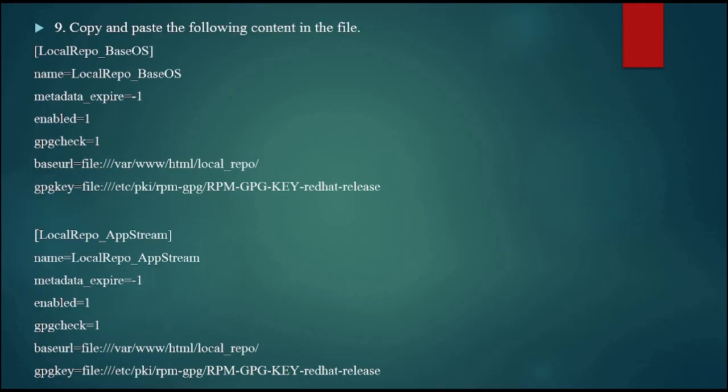We give the repository ID local_repo_BaseOS. Then for name, we give the name local_repo_BaseOS. Then metadata_expire=-1, enabled=1, gpgcheck=1, baseurl=file:///var/www/html/local_repo. This is our local_repo_BaseOS repository.